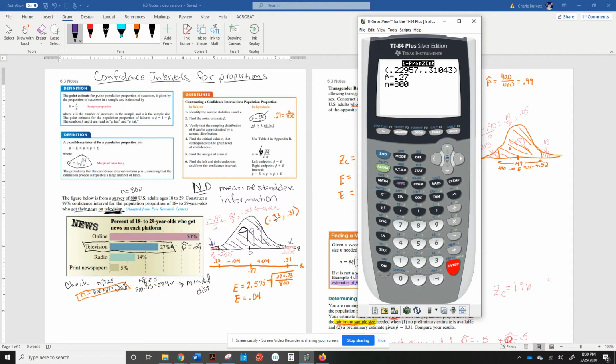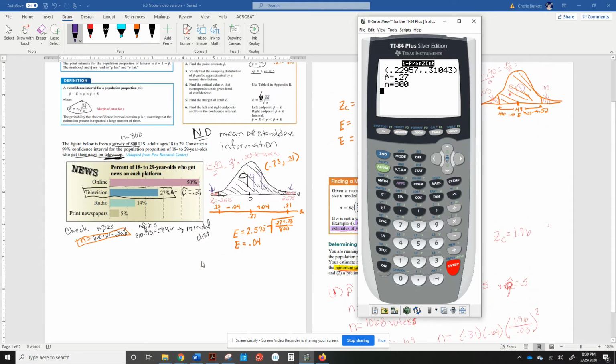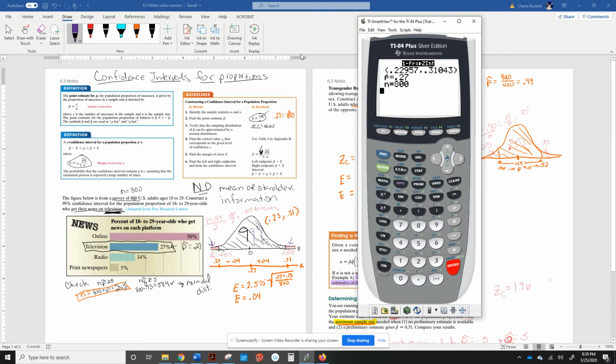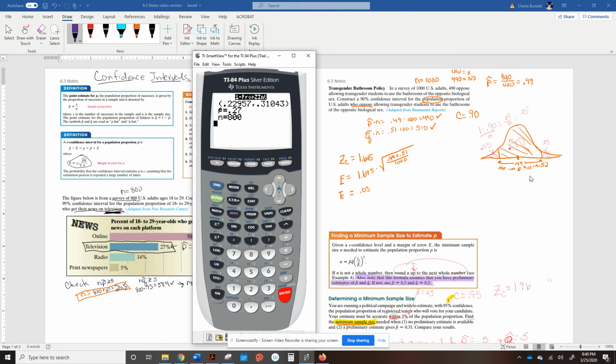All right, let's just real quick go over to this one. Again, you can find your z value by doing this area. It's a distribution, an inverse norm, so we're doing option 3.